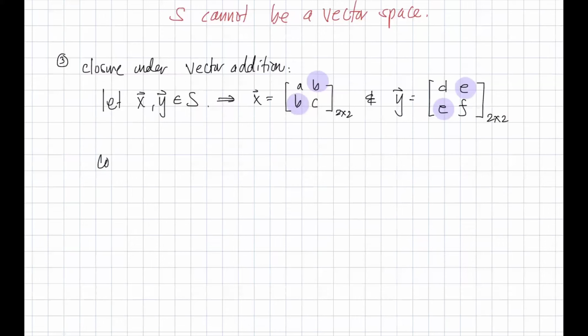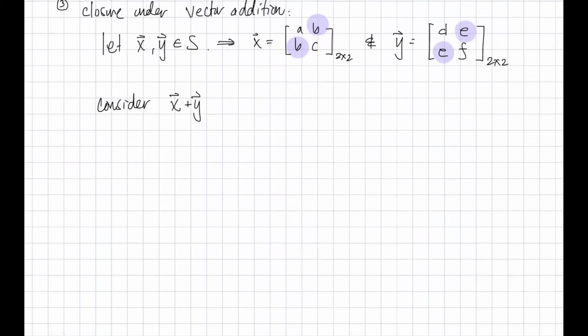Now, consider X plus Y. You've got to be real careful not to jump the gun here and go straight to the end. You're trying to do a proof and you have to justify each one of these steps. And the more steps you put in here, the easier it is to read your proof. This first step is just substitution. I am simply writing out the forms of the two vectors I just referred to or declared.